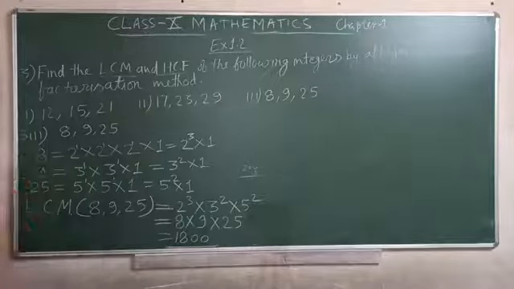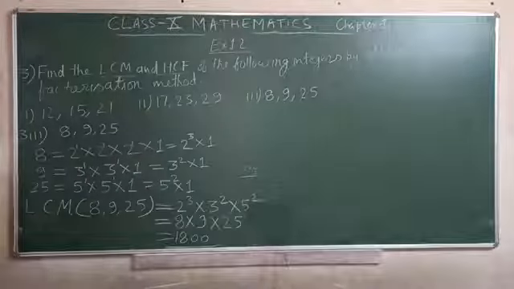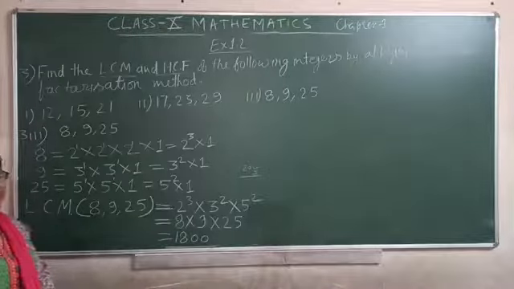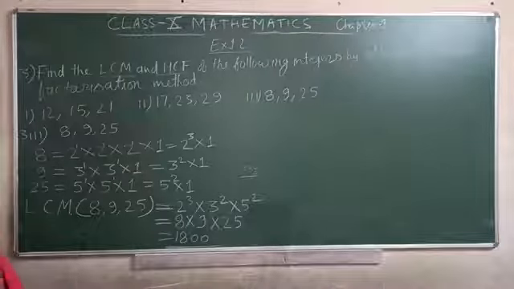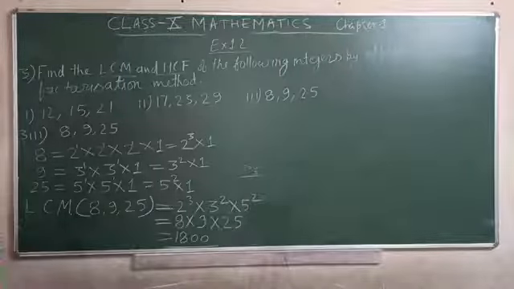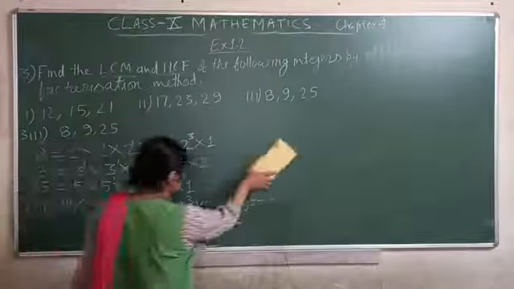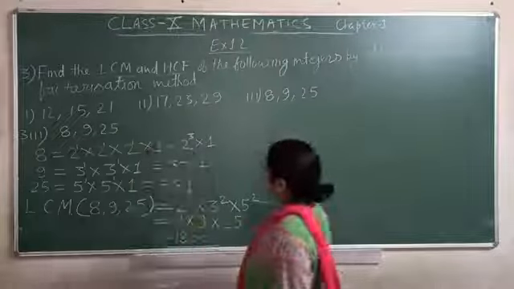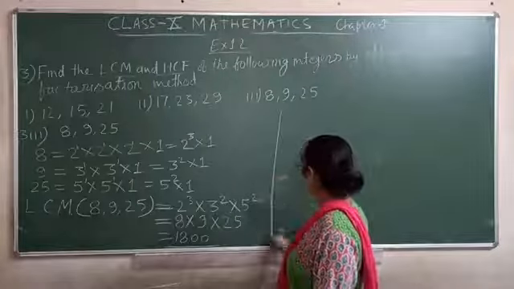So LCM of 8, 9 and 25 is 1800. Okay. You have to multiply these all, so you will get 1800.